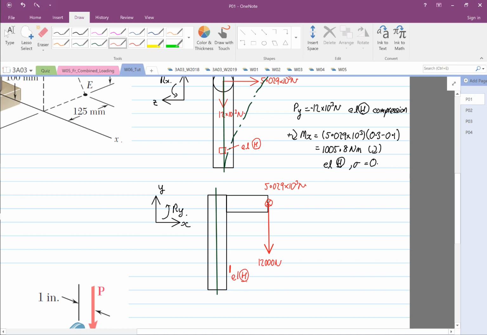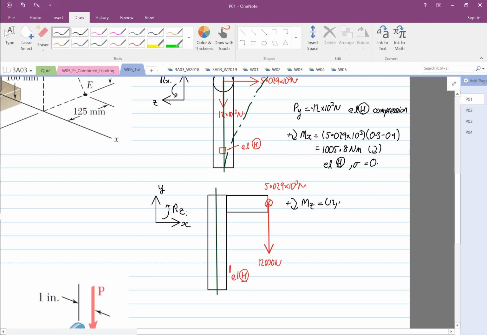I repeat again, the moment is with respect to the neutral axis. I do apologize, this is the moment by rotation about Z. I'm going to call clockwise positive. Now we're not doing static analysis, we're just defining what is positive and what is negative. So the moment about Z will be equal to 12,000.